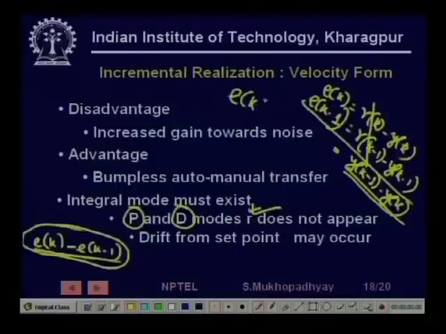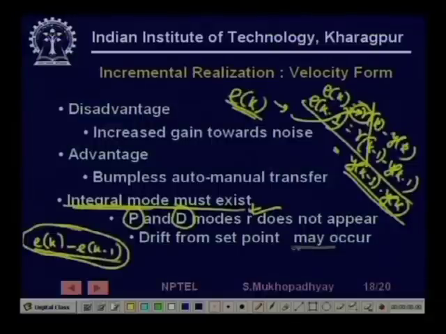But in the integral term there is an Ek term, just simple Ek. So, that contains Rk, and Rk is not cancelled. So, it is said that generally when you implement digital controllers in incremental form, you should have an integral mode, otherwise the process may slowly drift from set point without the controller taking corrective action.